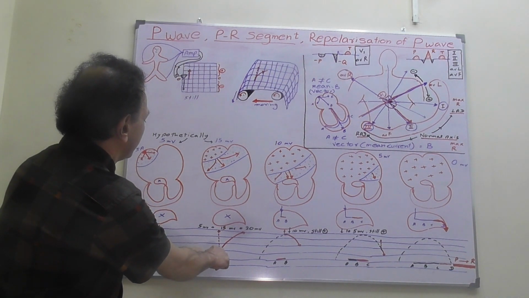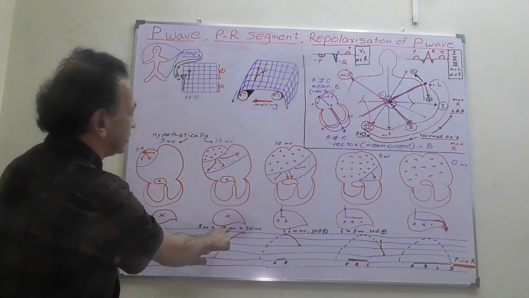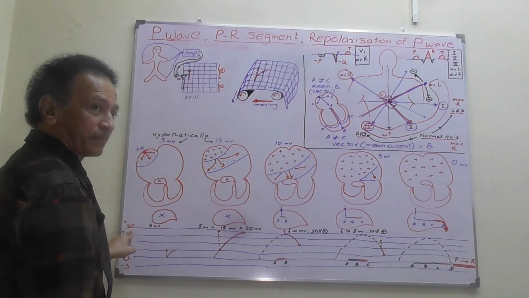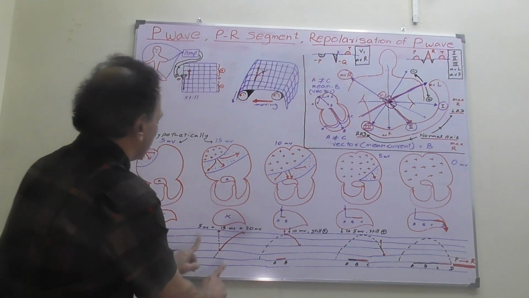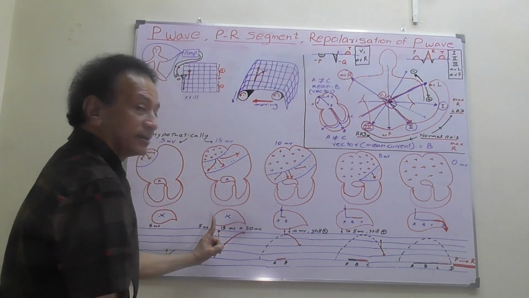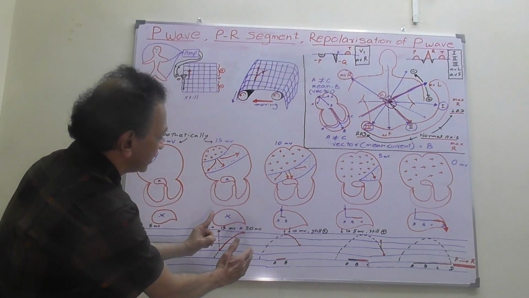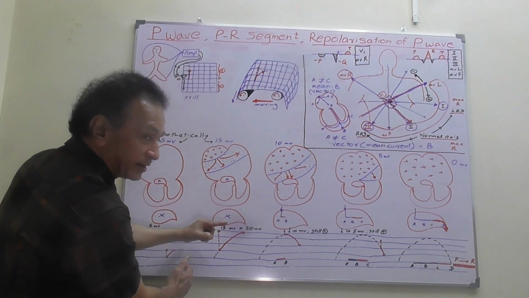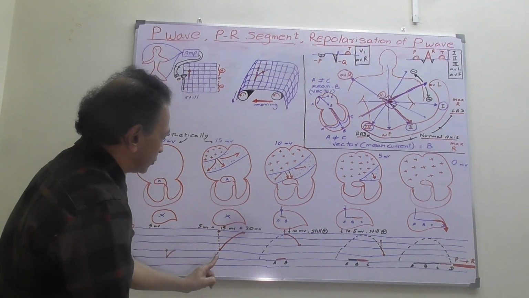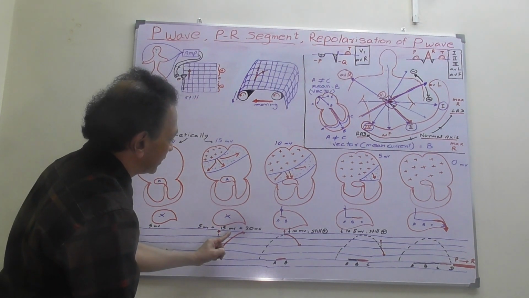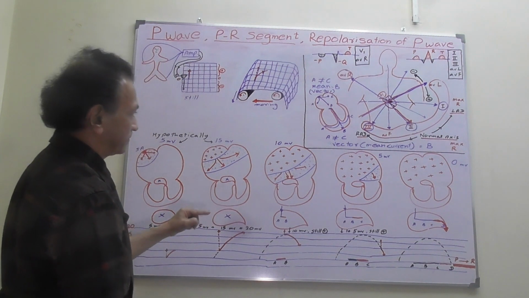So with this 5 and this 15, totally it should reach up to 20 millivolt current. So it should go up like this, straightforward. But as the ECG tracing is moving here, it tends to curve. So the next wave would be like this and curve.